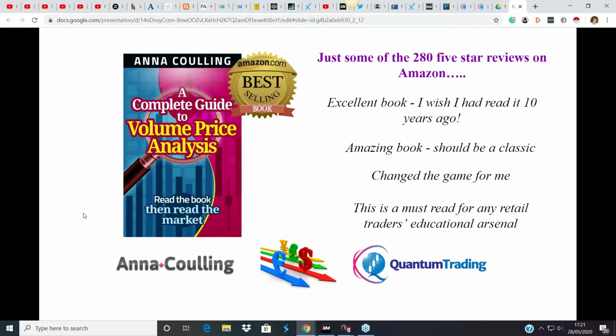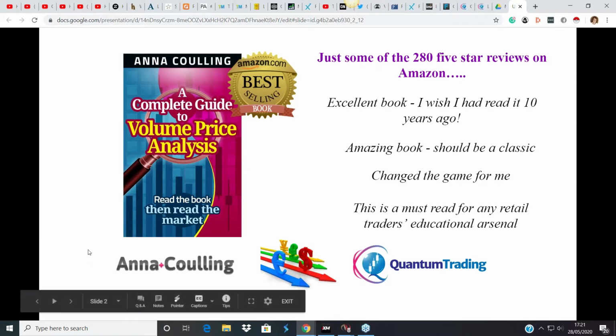Lots and lots of traps are laid for us as traders by the insiders, the market makers, the smart money, call them what you like. They operate in all the markets. And the beauty about this methodology is that you can apply it to all the markets and any time frame.